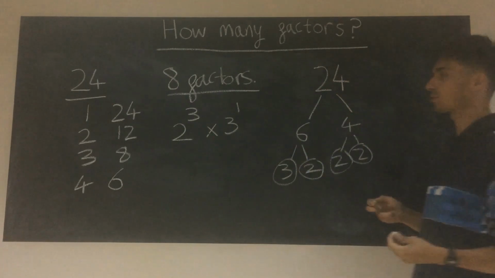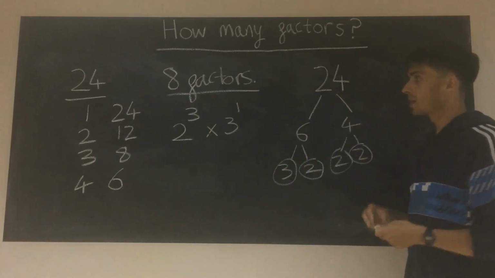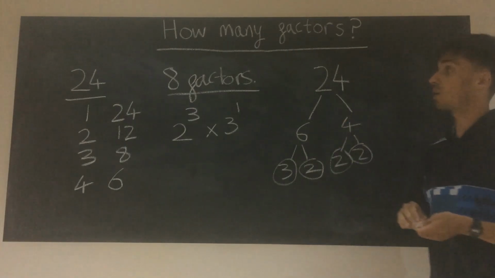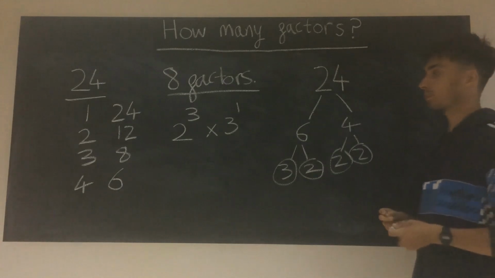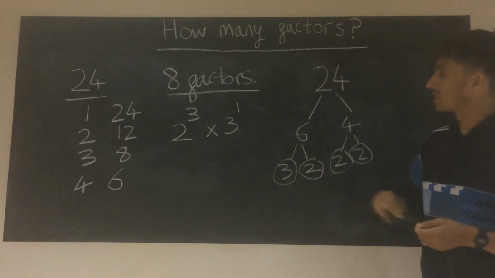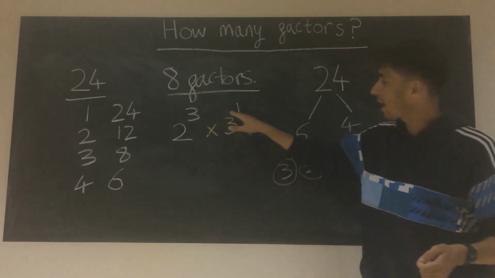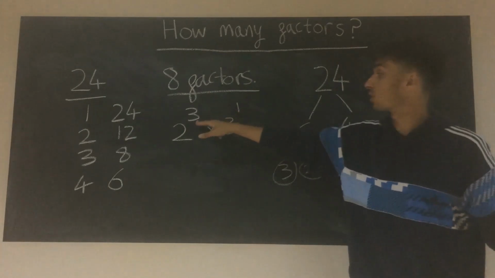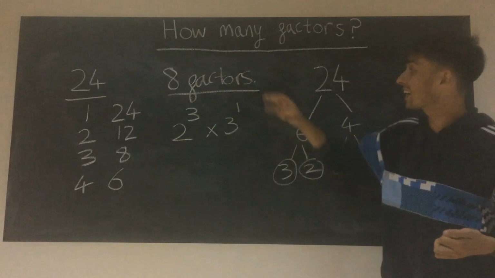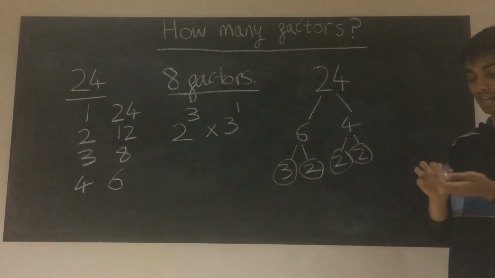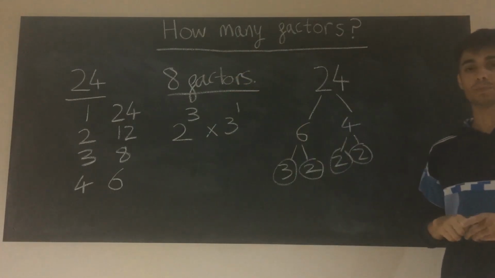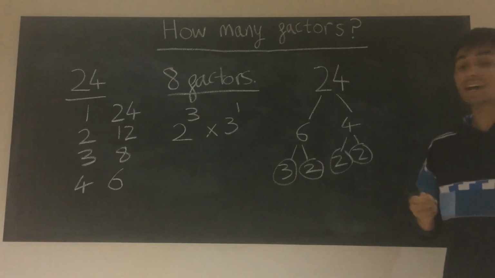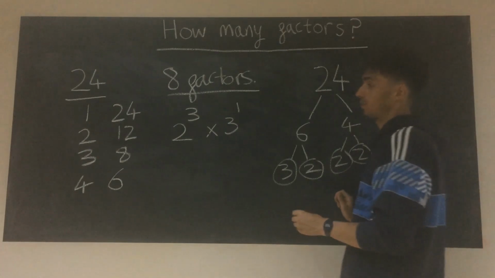Okay, so far we haven't really done anything groundbreaking. This is the part where we think about a new insight, though, that gets us to our factor counting rule. And what we need to do is link our powers of our prime factors, which are 3 and 1, to our 8 factors that we know we've got. It's not immediately obvious what to do, but here's how the factor counting rule works.